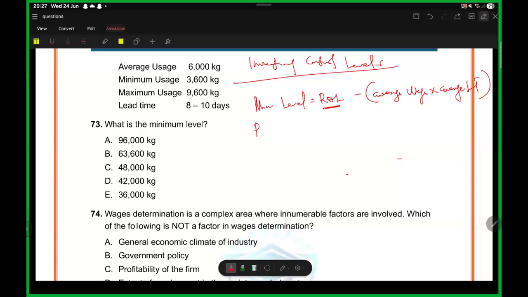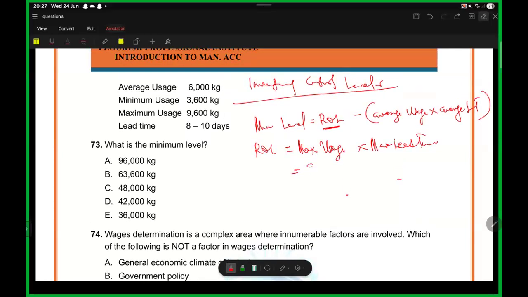The reorder level is going to become your demand per period times the lead time, or your maximum usage times your maximum lead time. Maximum usage is given to us as 9,600 kg times the lead time.